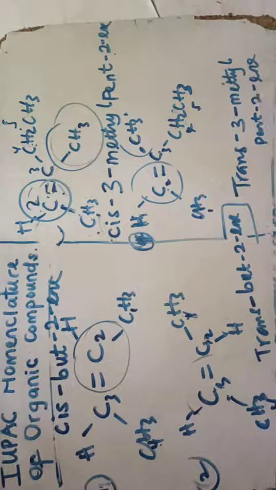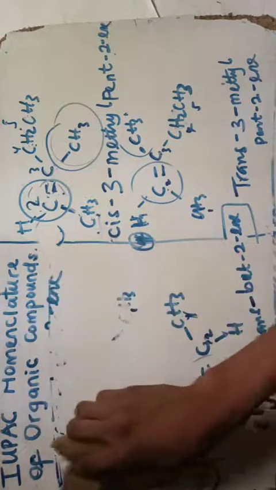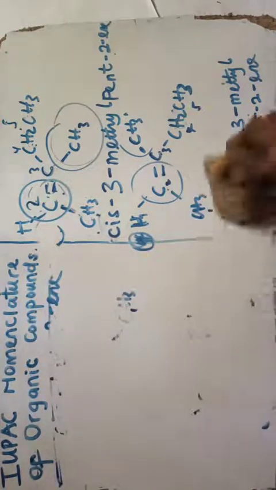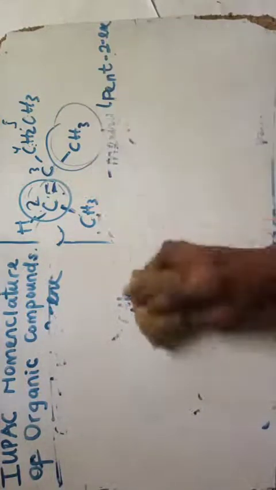Okay, now we're going to consider acyclic and cyclic compounds. Cyclic compounds are compounds that are in a cyclic manner. Okay, so we can have some examples, like propane.